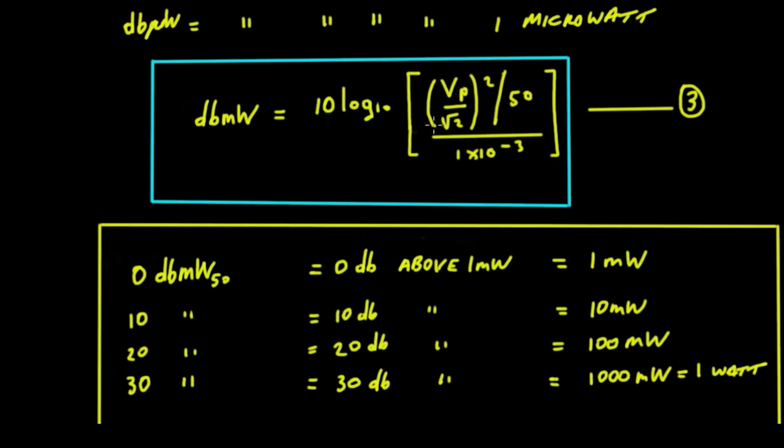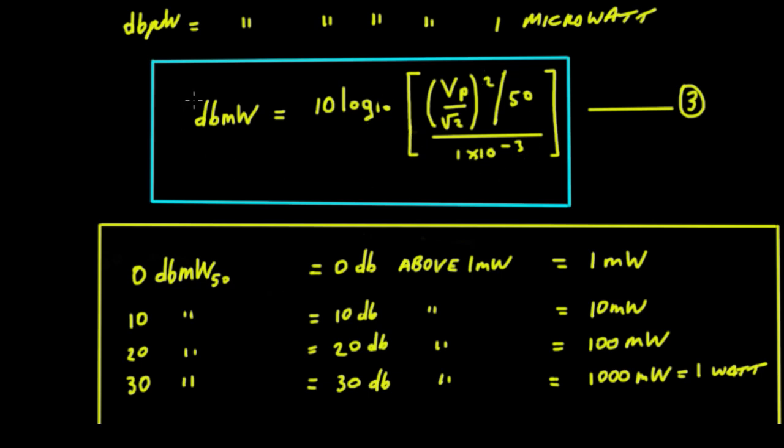It won't work if you don't do it as an RMS value, because that is the equivalent DC power. So you take your peak signal, divide it by √2, and that gives your RMS. Of course it's got to be squared, and the resistance here is the 50 ohm system, so it's divided by 50, and you're taking the 10 log of that.